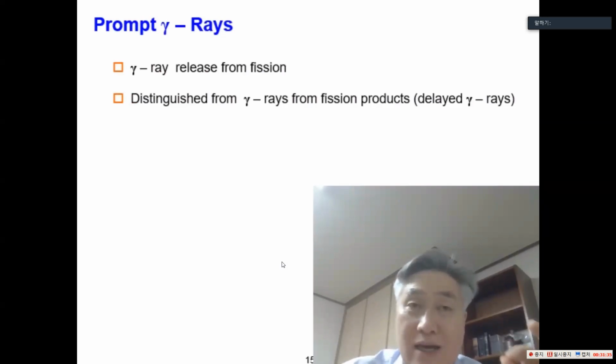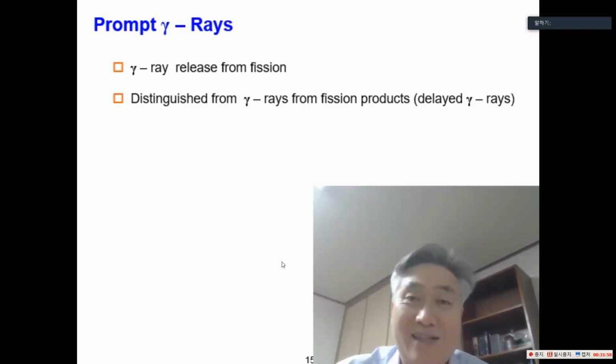As I told you, the decay heat of a nuclear power plant just after shutdown is 6.6% of its original power. And for a 1000 megawatt electric power plant, the decay heat is enough power to supply Jeju Island.